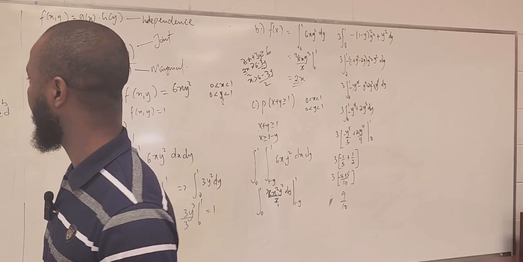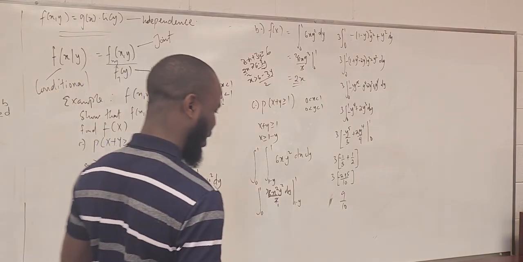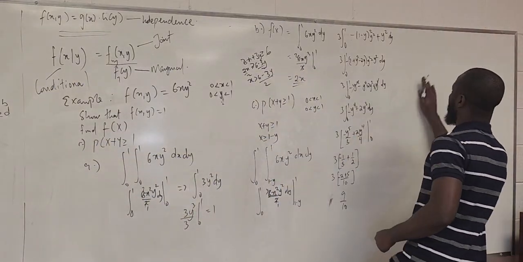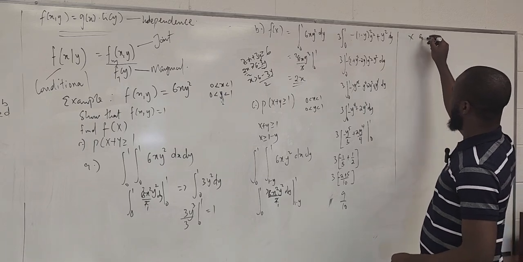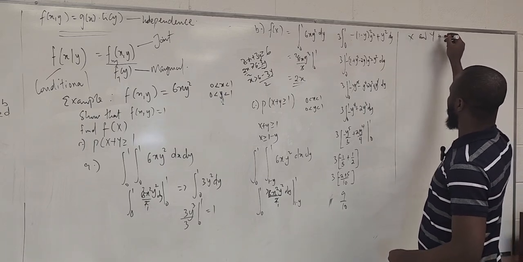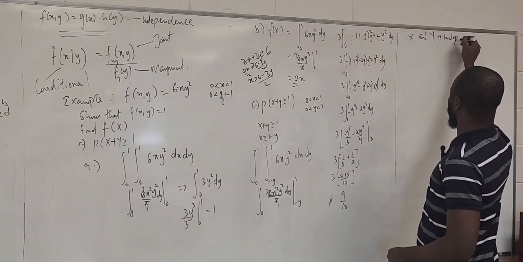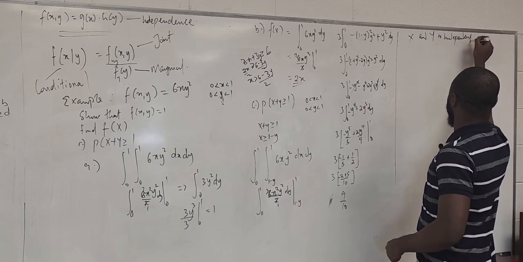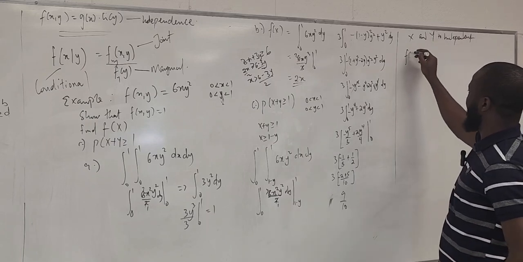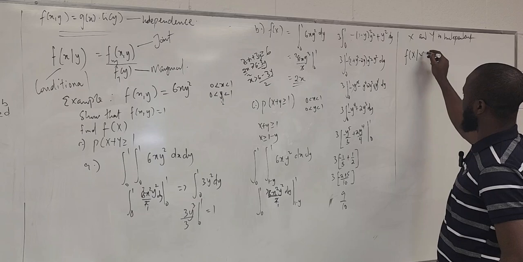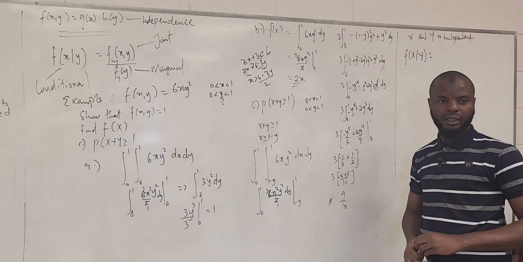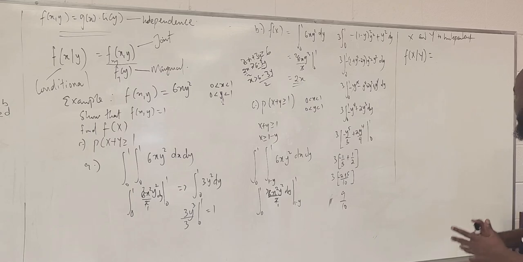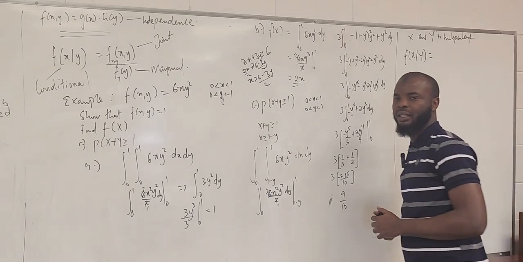Now, let me ask you this. Can you do this? If you have X and Y to be independent, then find f of x given y. Try it. X and Y are independent. What is f of x given y?